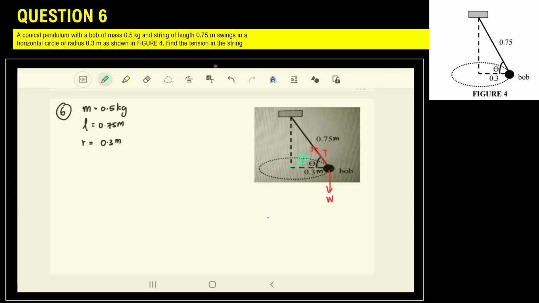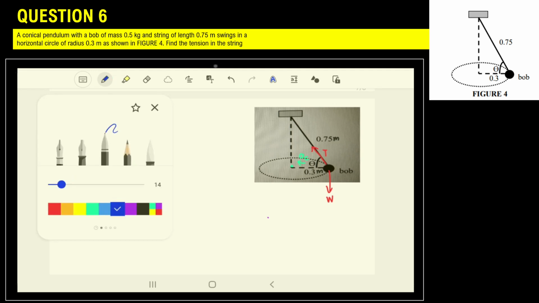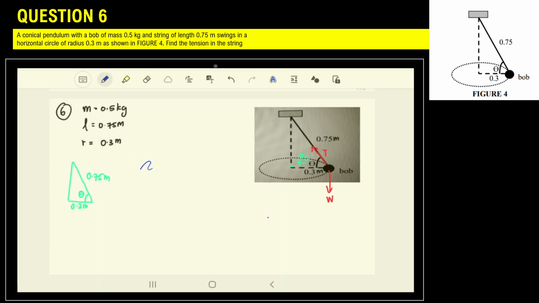Now let's resolve, but first we need to find the angle theta. This is the triangle. We have 0.75 meter and 0.3 meter, and theta is equal to inverse cos of 0.3 over 0.75, which is 66.42 degrees.